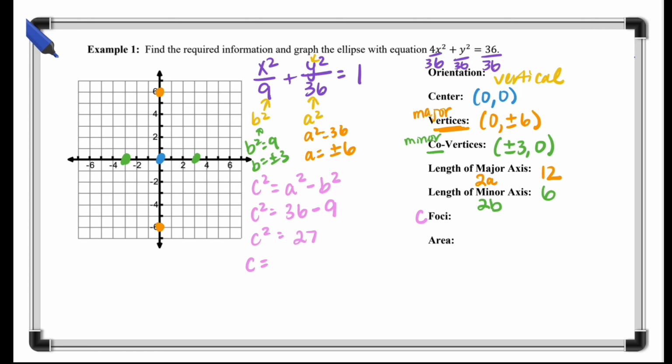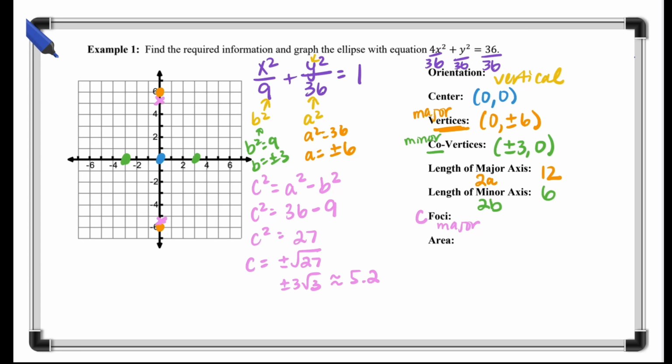So c is going to be plus or minus the square root of 27, which I know is the same thing as 3 square roots of 3. And that is approximately 5.2. So it's going to be along the major axis. So I'm going to go about 5.2. There's my one focus, and there's my other one. So I've got 2 foci there.